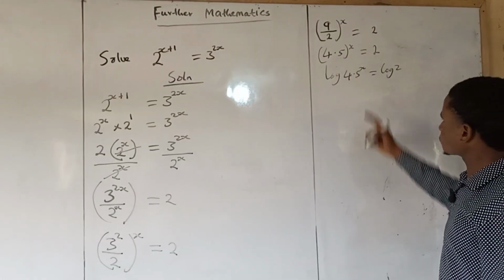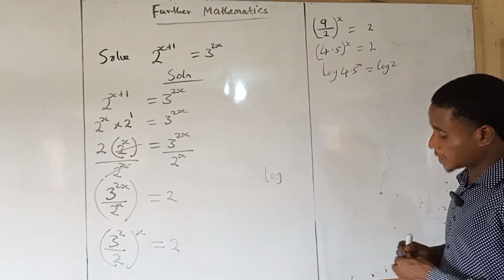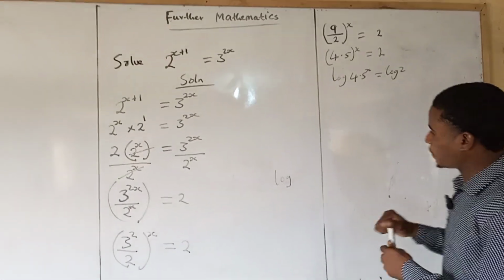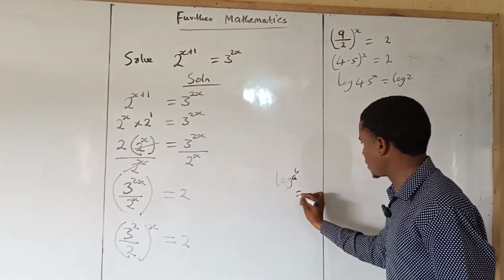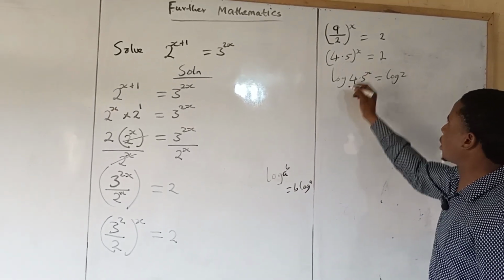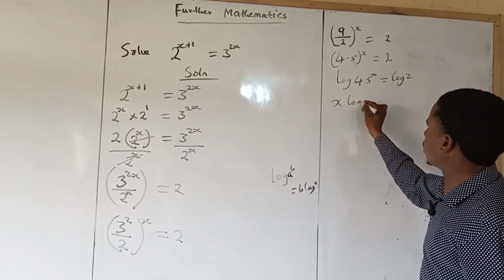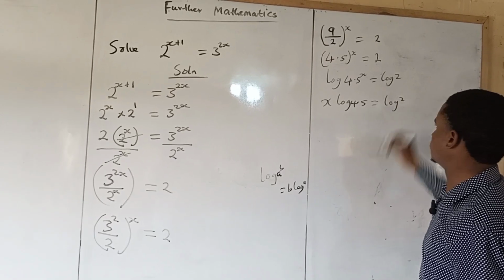Remember, under the log, the rule says that if you have a power, it must move to this side. For example, a raised to the power of b means b log a. So from here, we are going to have x log 4.5 is equal to log 2.